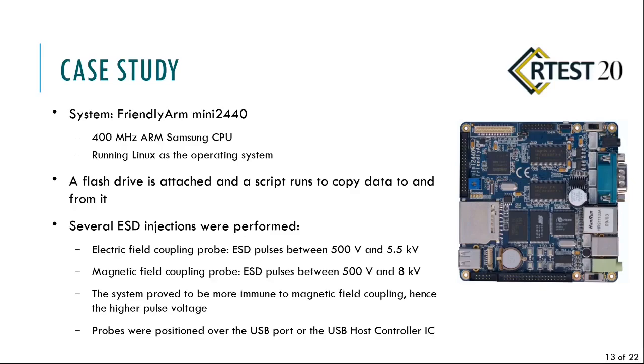The system was more immune to the magnetic field coupling, so we were able to go higher with the ESD pulse voltage. We positioned the probes over the USB port or over the USB host controller integrated circuit. This ideally injects ESD somewhere where we'll be able to observe its effects on the parts of the system that we have instrumented.